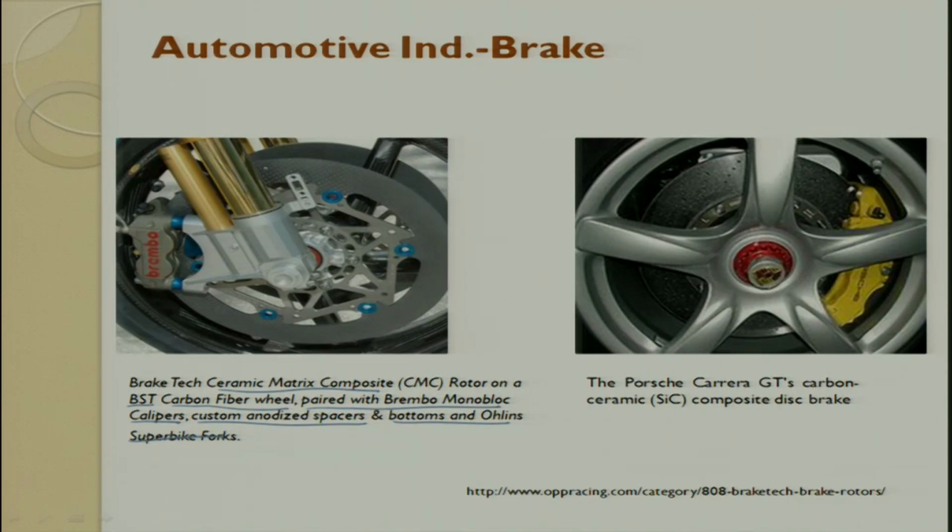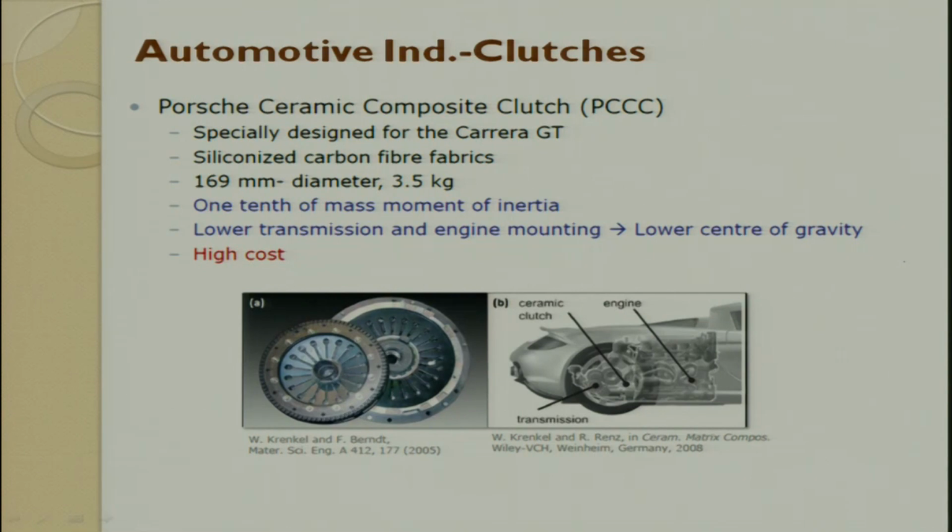You can see these are the forks, and this is completely made up of ceramic matrix composite. This is the monoblock caliper which is used. So, this is best for braking. This is the carbon ceramic composite disc brake which is used. So, these are the disc brakes which are used in automobiles today.